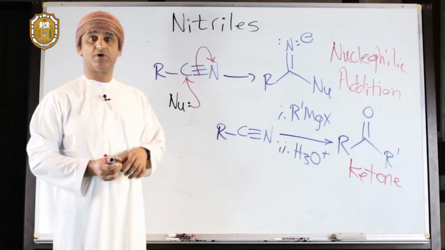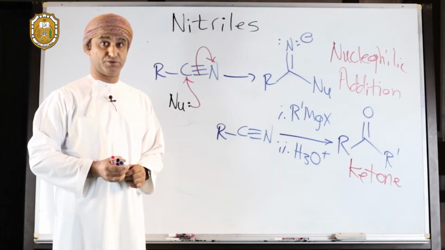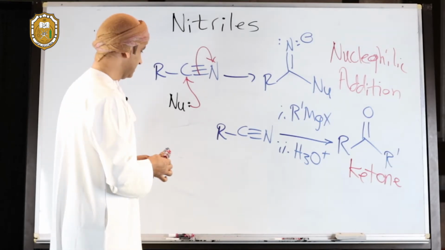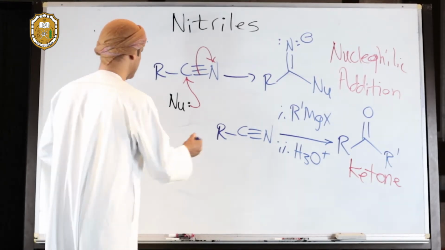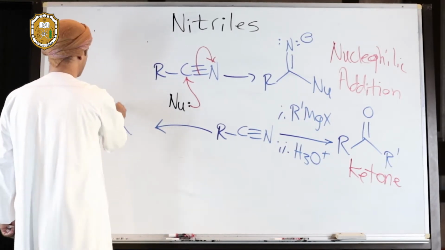Nitriles can also undergo hydrolysis reactions under either acidic conditions or basic conditions, and if they do, they give the corresponding carboxylic acids. So nitriles can be converted into carboxylic acids of this general structure.